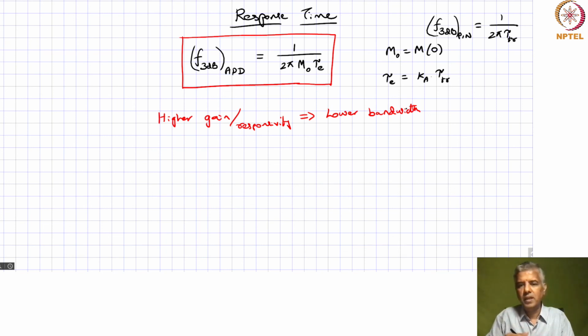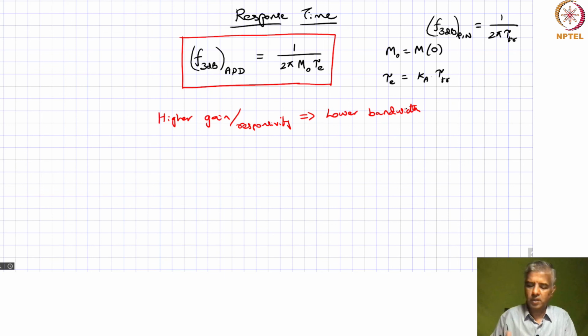So essentially, how do you control the gain value? Well, in an APD, we saw that we control it using the bias voltage. If you want high gain, you increase your bias voltage so that the gain value goes close to the optimum gain value. At that point the bandwidth is lower, but if you want better bandwidth, you scale down your voltage so that you can work with a lower gain value.